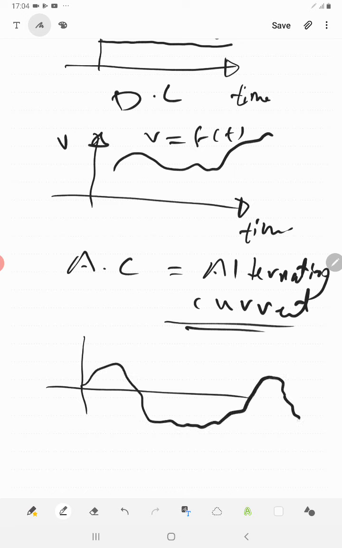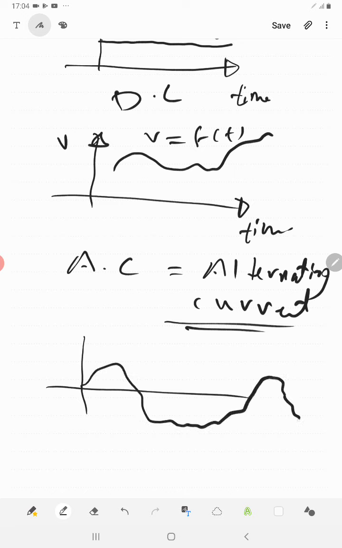Now in AC circuits, we usually have a sinusoidal waveform. So I or V. So here is time in seconds, and we have voltage V in volts. So this is an AC but sinusoidal waveform.